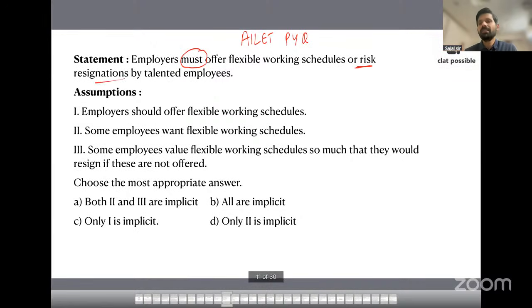So, the way this statement has been written, what it tells us is that it is necessary for them to offer flexible working schedules. Whether the author assumes that they should do this, it's not necessary. So this is like a normative statement, right?